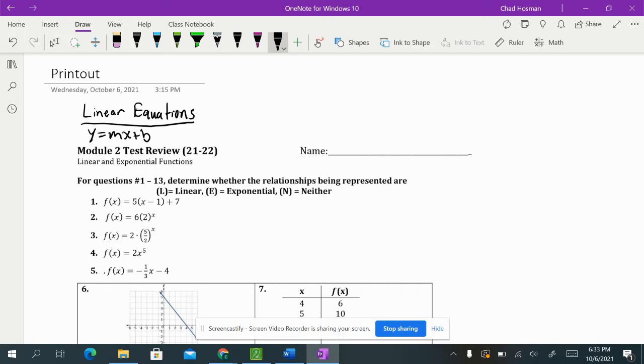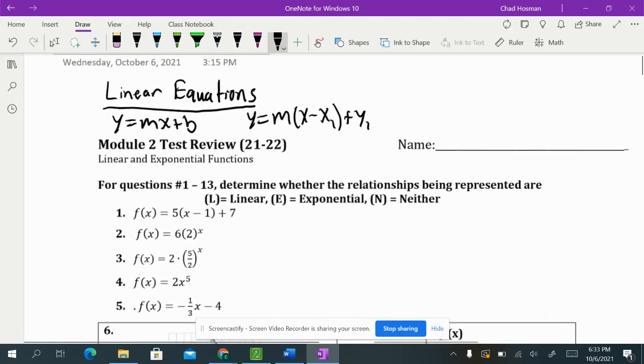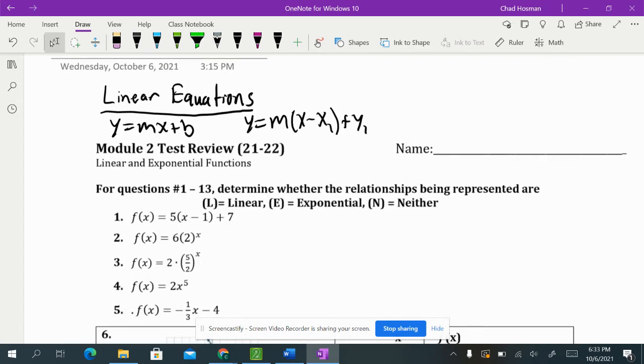And then we also have y equals m times (x minus x1) plus y1, and that's our point slope form. That's what question number 1 looks like. It looks exactly like our point slope form, so we know 1 is linear.